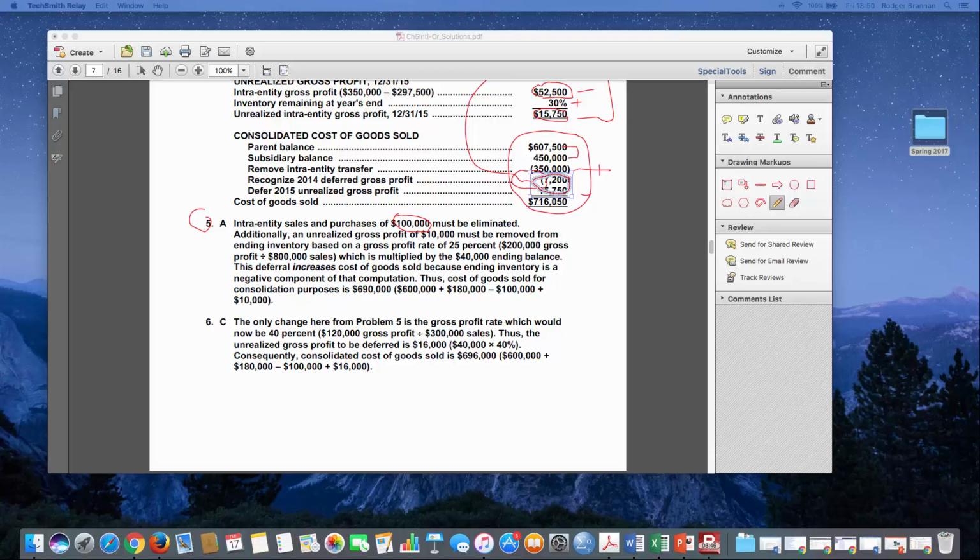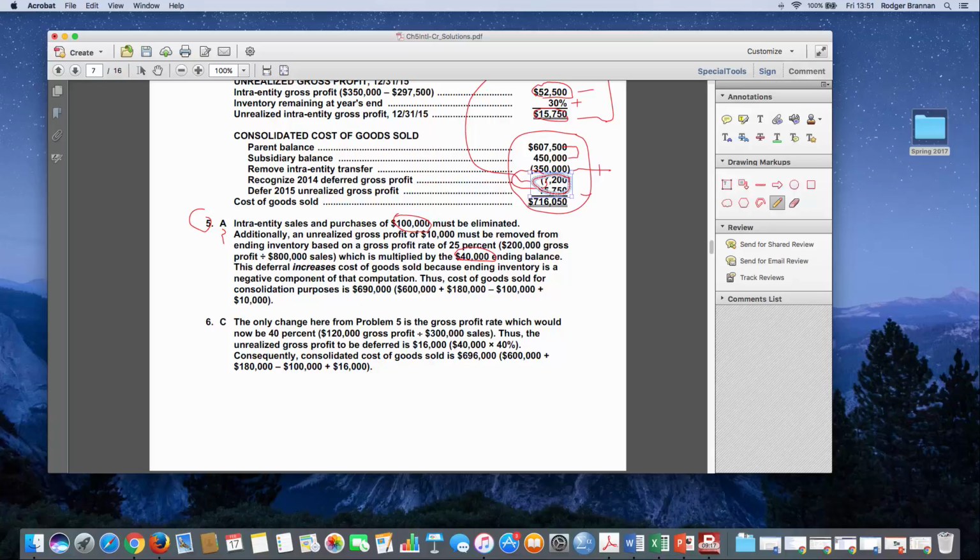$680,000. There's one more adjustment, and that is there's $40,000 of inventory still sitting on the books that has not been sold to outsiders. Because the gross profit rate is 25% here, 25% of that gives me 10,000. I'm going to credit my inventory, debit my cost of goods sold for 10. So I'm going to move from 680 back up to 690, which gives me the answer of A. Again, be careful with the pluses and minuses when you're playing around with cost of goods sold.